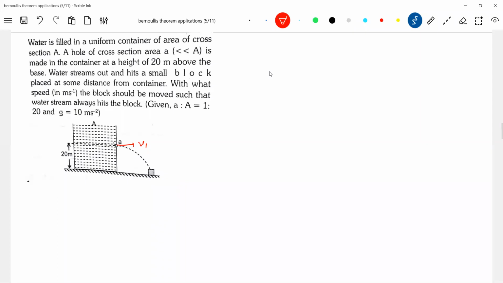Velocity of flux. This will be the velocity of flux. The block should be moved with a certain velocity. That's the condition given.